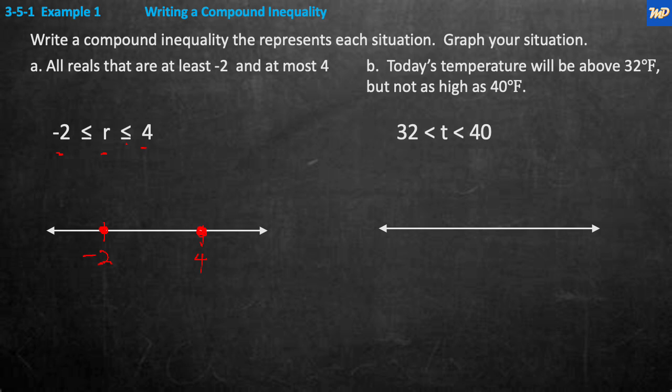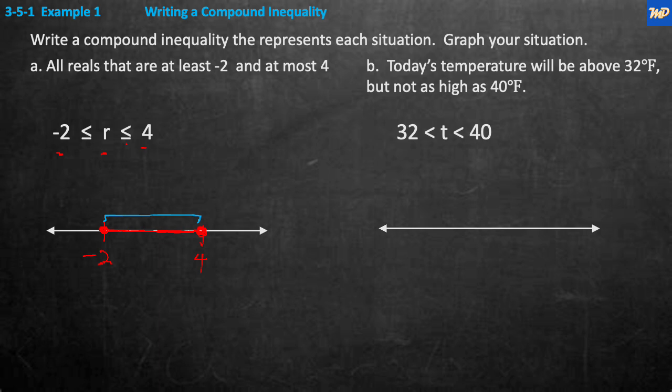Since negative 2 is less than or equal to R, R has to be greater than or equal to negative 2. So that means everything going here to the right. And then R is less than or equal to 4. Well, 4 is here, so it has to be everything less than 4. So if I change this to blue, you'll see it's everything in here.